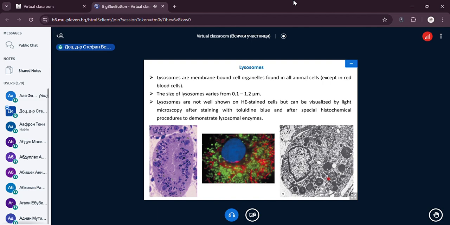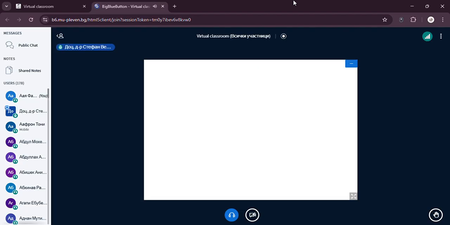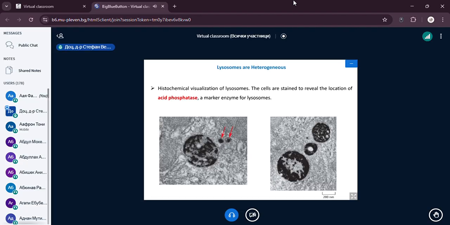Lysosomes are variable organelles. Their appearance depends on what is being digested in them. So the differences in the material for degradation lead to differences in how they look under microscope. So that's about lysosomes and their appearance under microscope.